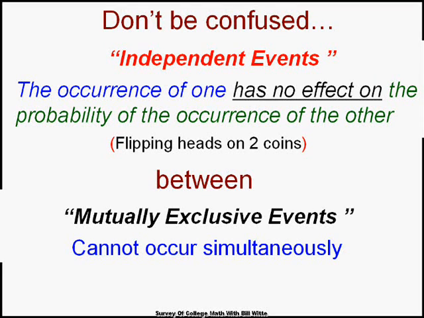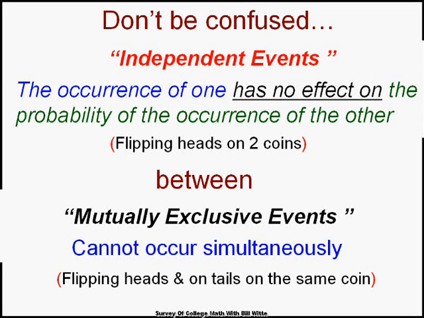Those are events that can't occur at the same time. Independent events can occur at the same time. Mutually exclusive events can't. For instance, flipping heads and tails on the same coin. That's mutually exclusive. It can't occur at the same time. But flipping heads on 2 coins, I can do that. It doesn't have an effect on each other, but I can do it.